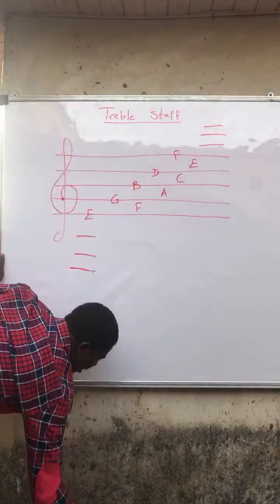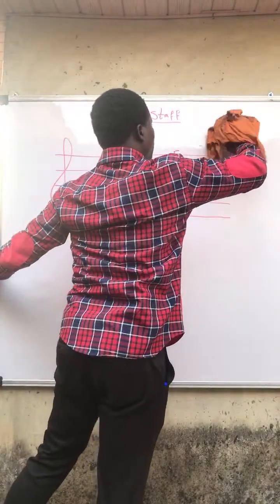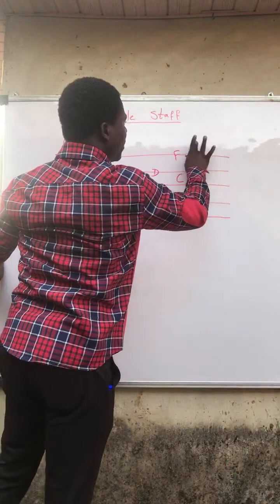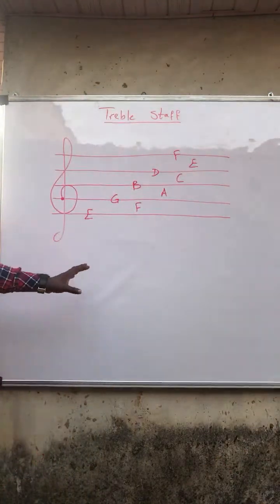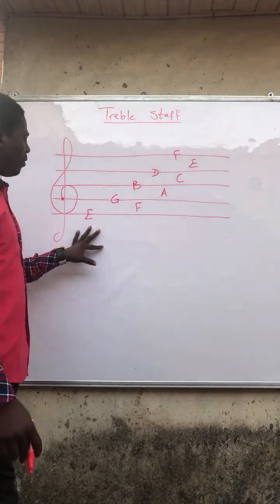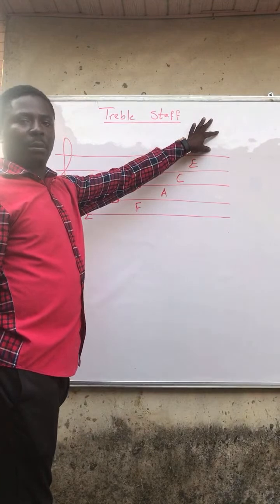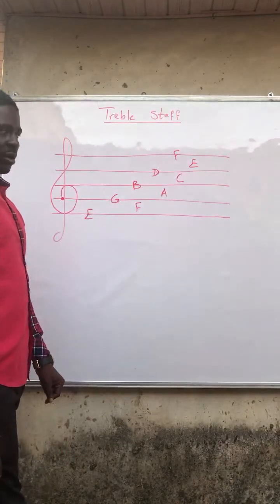But if you clean the ledger lines, as a music person, I already know that I have invisible lines and spaces here, and invisible lines and spaces above the staff. You understand?